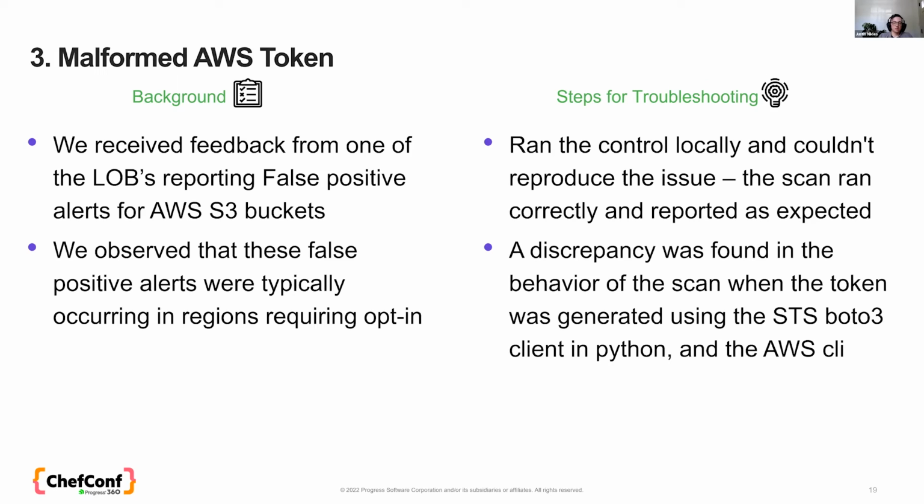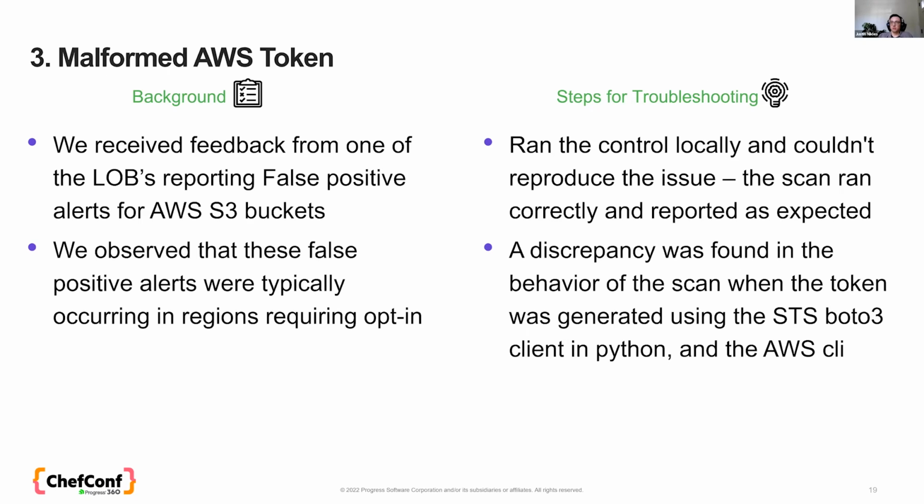So we had received some feedback that there were false positives on a handful of S3 buckets throughout our entire landscape. So it was not many, just a handful, and we had noticed that all of these instances of false positives were occurring in regions that require you to opt in for AWS.